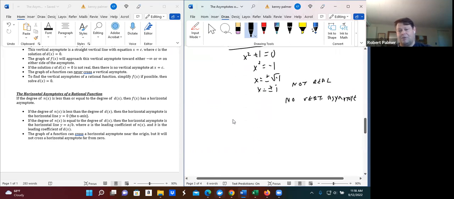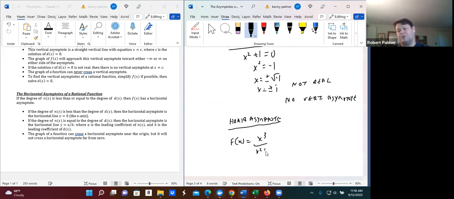Now the horizontal asymptote. Let's rewrite our function: f of x is equal to x cubed over x squared plus 1. Let's once again compare our degrees.